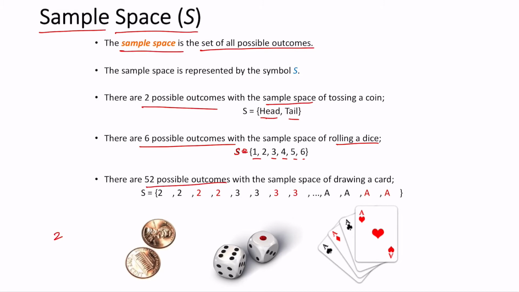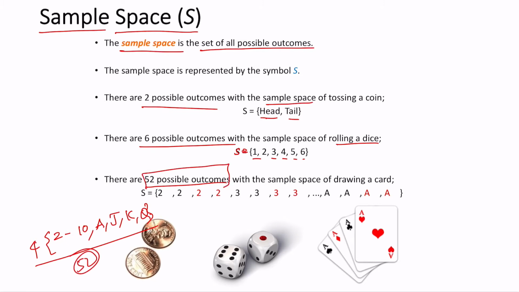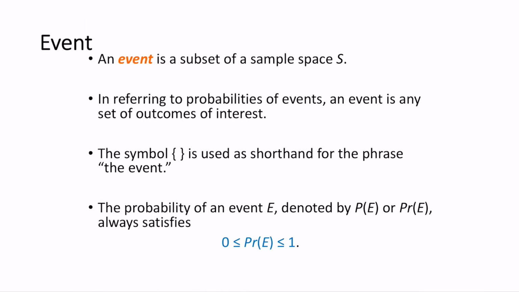You have 2 to 10, and you have the ace, the jack, king and the queen, and you have 4 sets of these. That gives you a total of 52 cards. So there are 52 different possible outcomes. Sample space is basically the set of all the possible outcomes in any given experiment. This brings us to the question, what is an event?